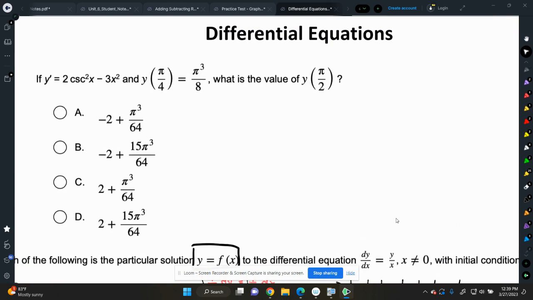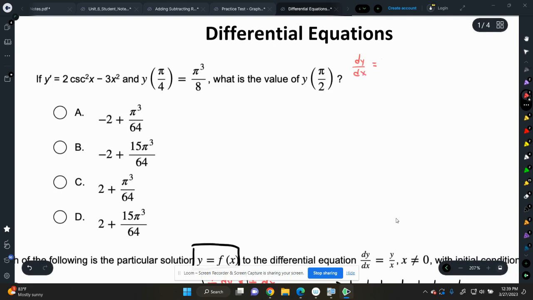Same type of problem. It says y prime. Y prime is the same thing as y, right? I mean, it's dy dx. So basically we have, I'm going to write it as dy dx. What is the value of y of pi over 2? Okay.